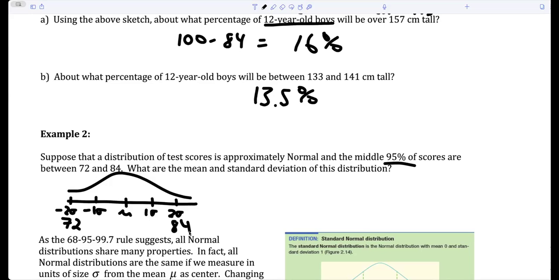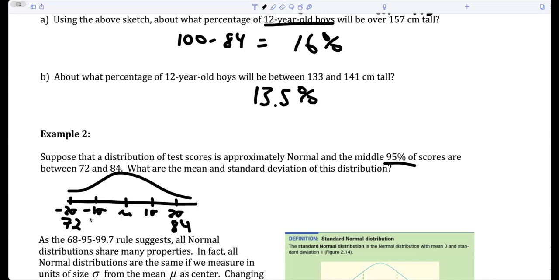So 72 to 84, that's a width of 12. And there are 1, 2, 3, 4 standard deviations from the lower bound to the upper bound that was given to us. And so that means that the standard deviation is 3, 12 divided by 4.